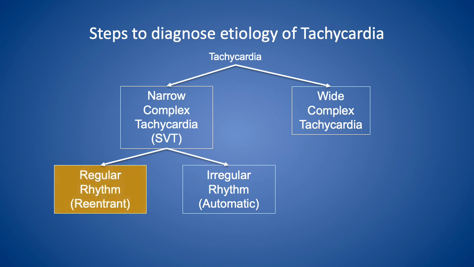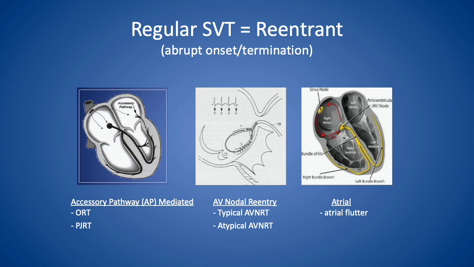Okay, let's move on to regular rhythm or reentrant tachycardias. Unlike automatic tachycardias, reentrant tachycardias have abrupt onset and terminate abruptly as well. And so there's no warm-up or cool-down period. You were in a normal sinus beat, and then out of nowhere, you're now at a very fast, typically fixed rate.